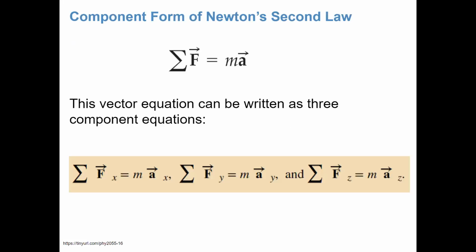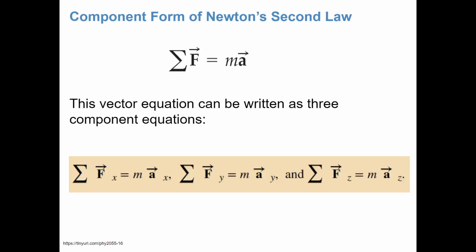Today we are going to expand Newton's second law of motion into components. Simply, you are writing this equation in component form. This is the vector form, where the summation of forces in vector form should be equal to mass times acceleration, which is a vector.